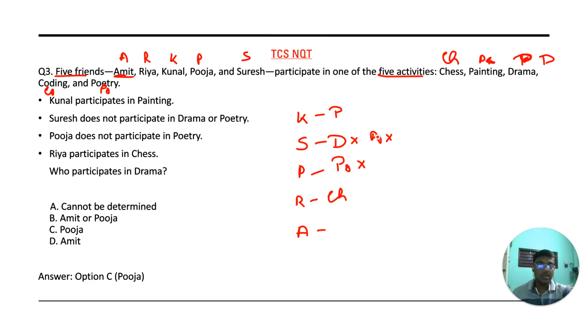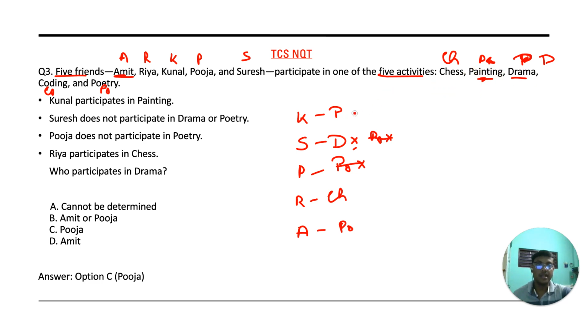So we can see that poetry is not a choice for both Suresh and Pooja. So if poetry is not a choice for both of them, the only place that poetry can come in is here. That is, Amit would be doing poetry. So we are done with poetry. I strike it off. Now we have two activities remaining, that is drama and painting.